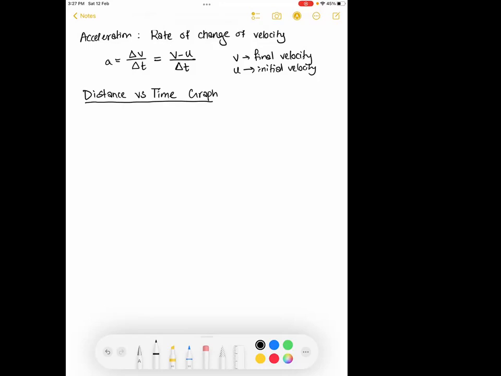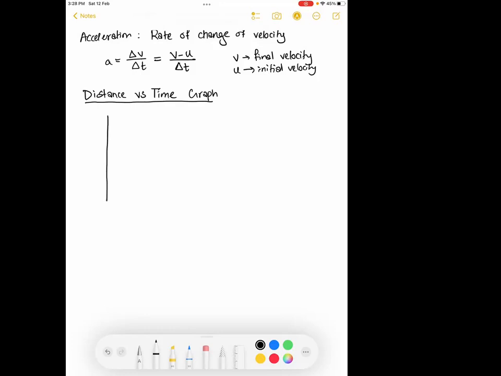Like the name suggests, it shows distance on the y-axis and time on the x-axis. Now, the gradient of this graph actually gives the speed. What is the gradient? The slope, I mean.